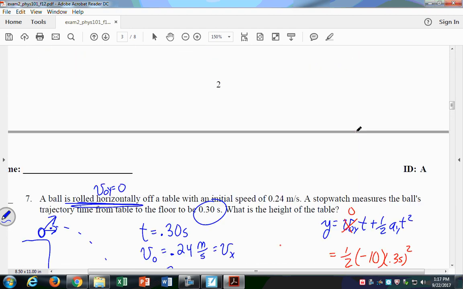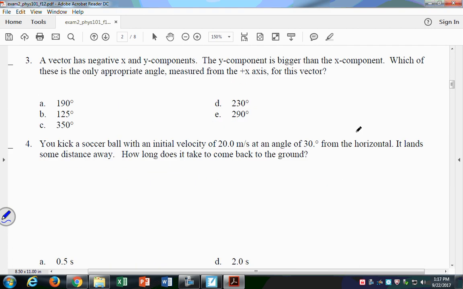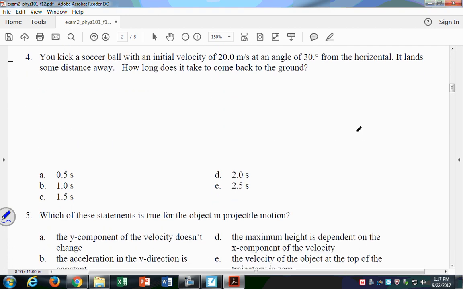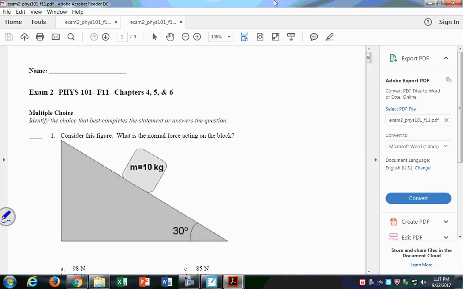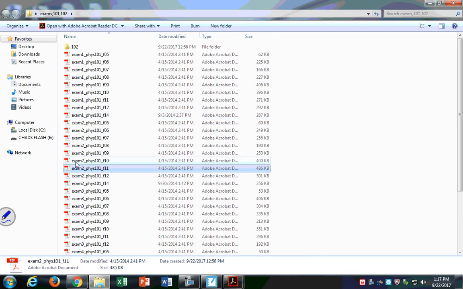Gosh, was that the only projectile motion I had? Oh no, I had this one too. This one's just like the one we did before, so I'm going to look at some others, all right? Which one was this one? F12? Let's look at F11. Oh, you see, we had already gotten to Newton's law, so we have to go to exam 1, F11.